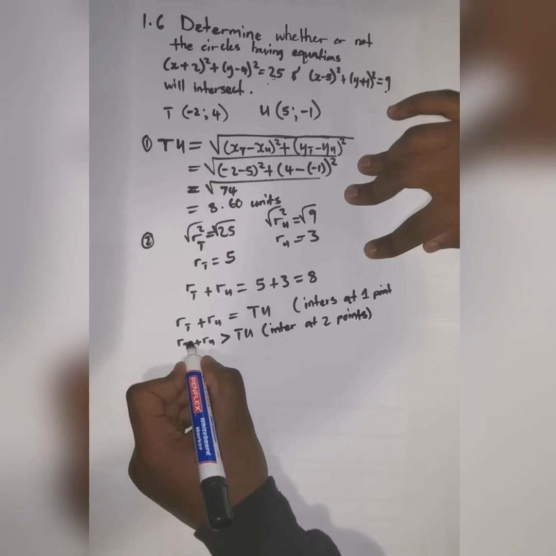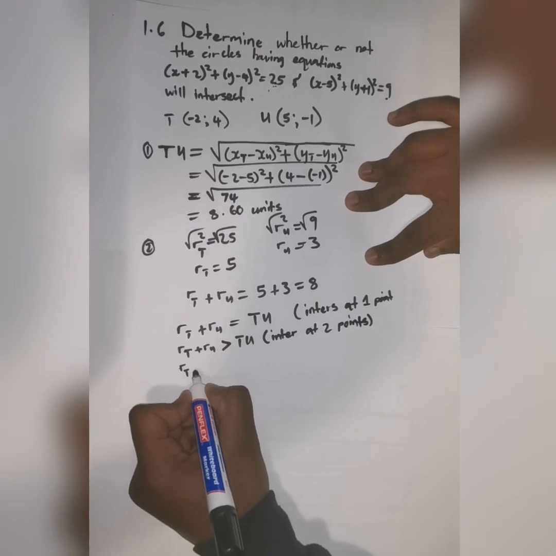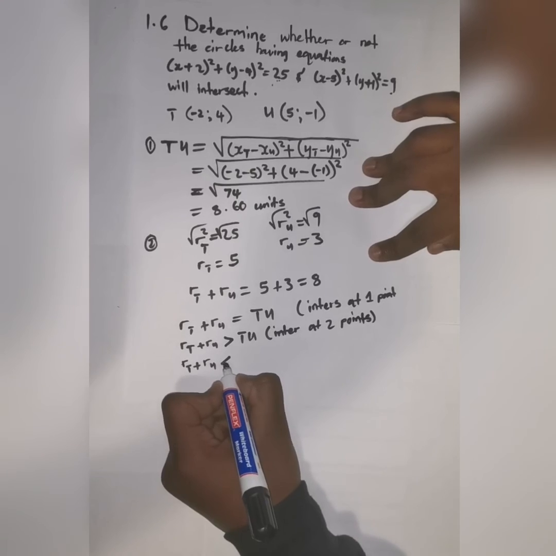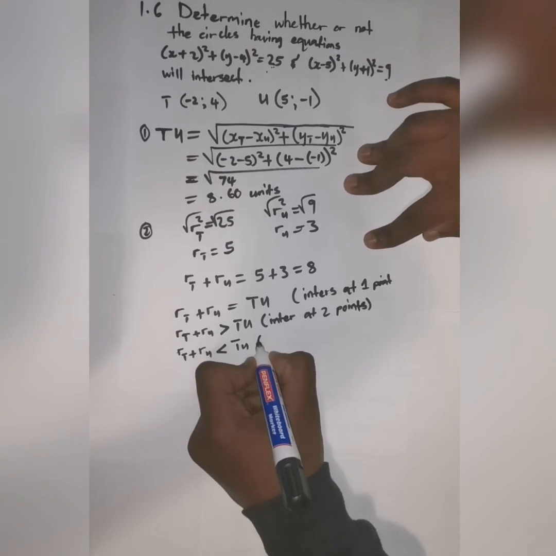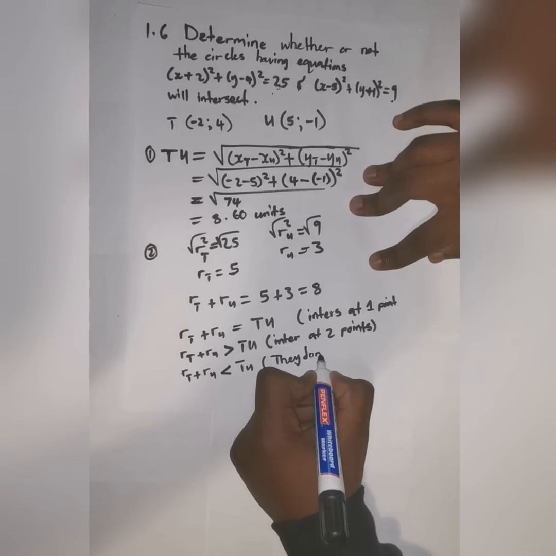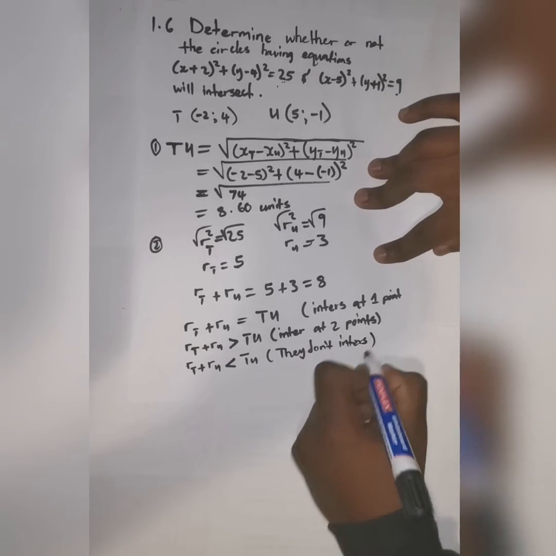If RT plus RU is less than TU, they don't intersect.